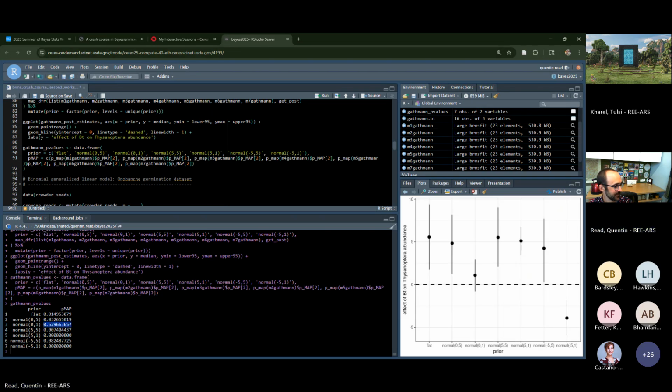Versus this one, the p-value is 0.5, right? Because the ratio of evidence for the null to evidence for the observed posterior is closer to 1, right?